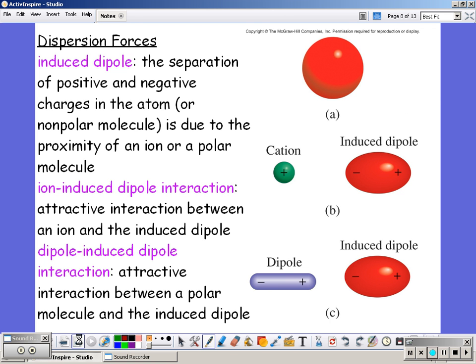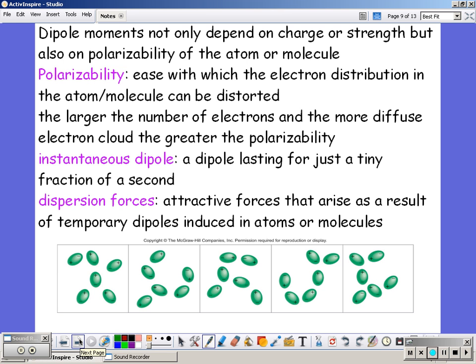Dipole moments not only depend on the charge or strength, but also on the polarizability of the atom or molecule. Polarizability is the ease at which the electron distribution in the atom or molecule can be distorted. The larger the number of electrons, the more diffuse the electron cloud, and diffuse electron cloud just means a larger electron cloud. The greater the polarizability. An instantaneous dipole is a dipole lasting just a tiny fraction of a second.